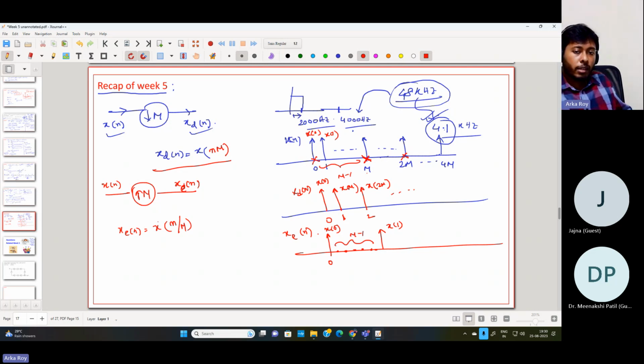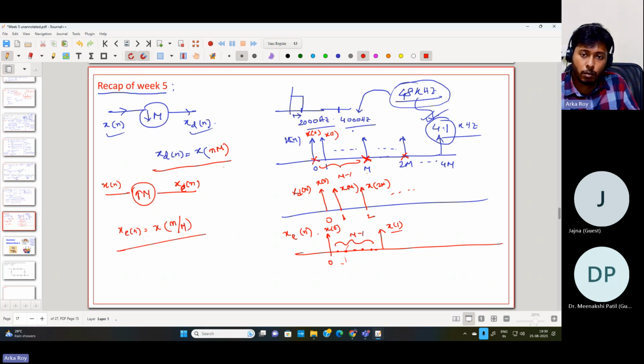So it is represented as x of n upon m. We have taken the samples in a faster manner. However, we are just injecting zeros, and then we are getting the second value at the mth location. So this is the main modification in the output. At what location will we get the value? So this is m. For the second value, again m minus 1 zeros, and then at 2m.